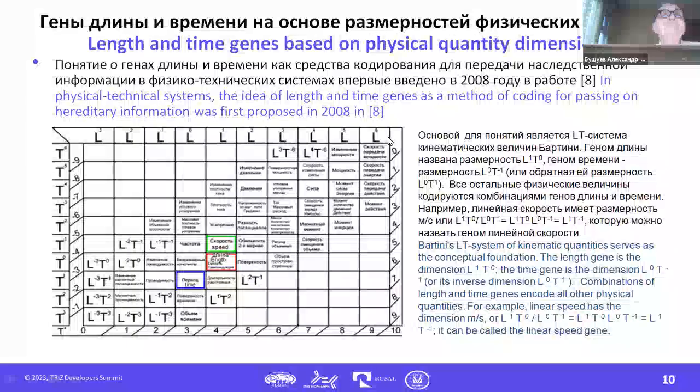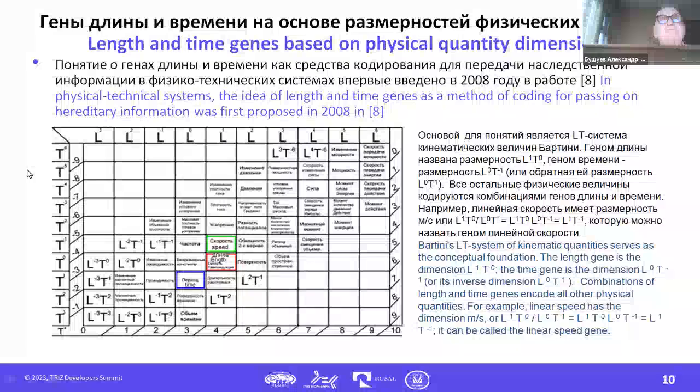So what we suggest as the example of genes of transfer information, we suggest physical technical systems, and we also use the system of kinematic quantities and values.